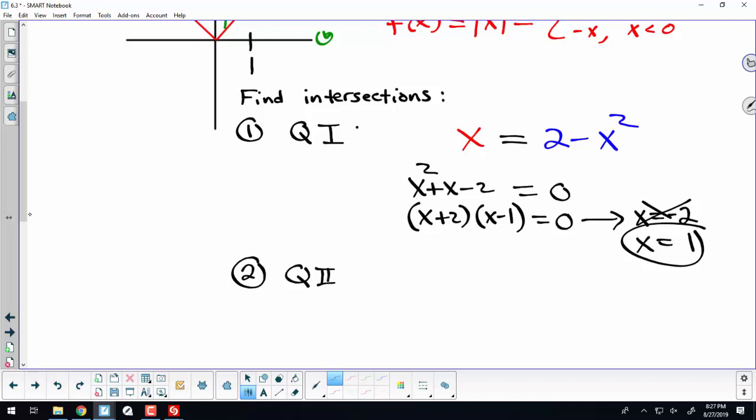For now, anyways. So for quadrant 2, we have to figure out, again, where our quadratic is equal to the absolute value, which in the second quadrant is defined as -x. So that's when x squared minus x minus 2 is 0.